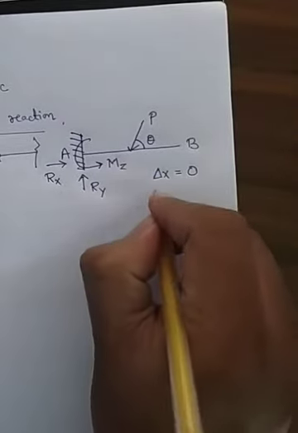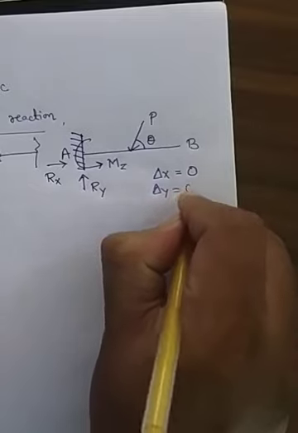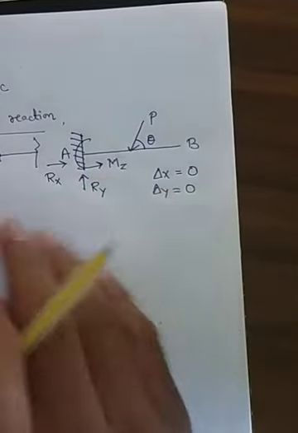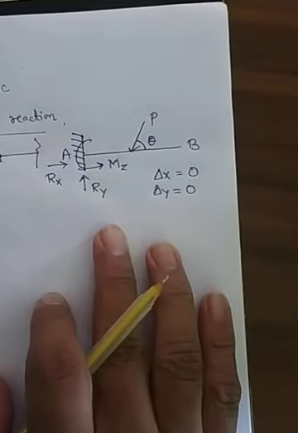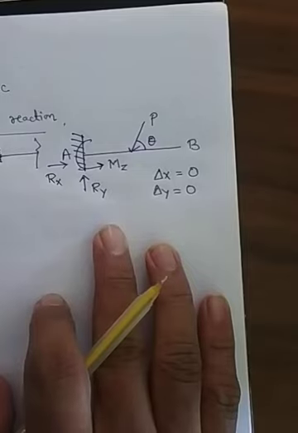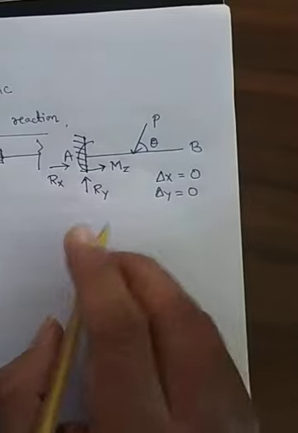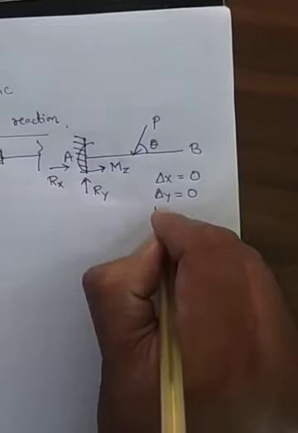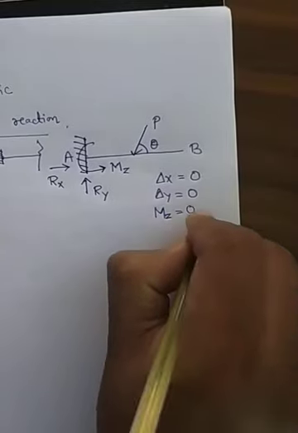Here the displacement in x direction is 0 because this fixed support restrains it. Del y is 0, as the vertical direction displacement is also restrained, and likewise for the moment.